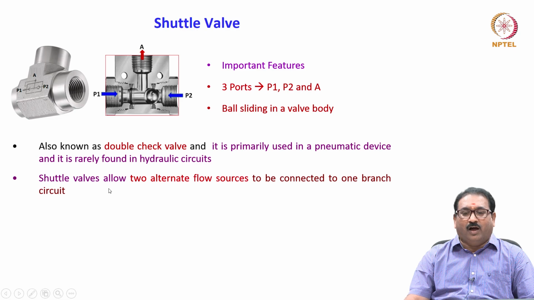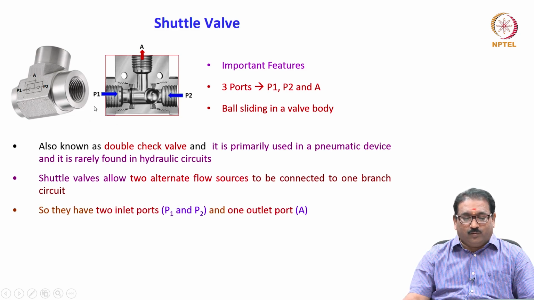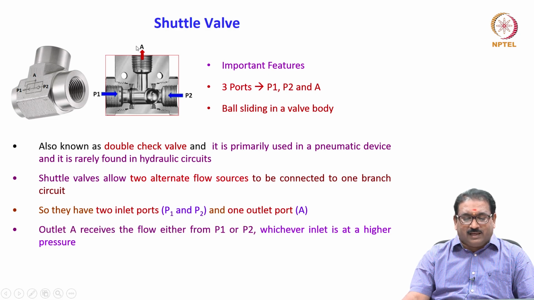Shuttle valves allow two alternative flow sources P1 and P2 to be connected to one branch circuit A. So, they have two inlet ports P1 and P2 and an outlet port A. Outlet A receives the flow either from P1 or P2, whichever is at a higher pressure.